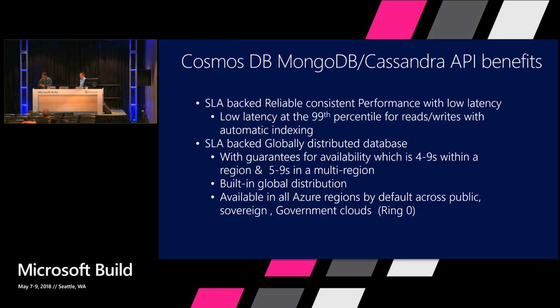Apart from these two, we also provide guarantees for the throughput. What does that mean? When you come to Cosmos DB, you request how many operations per second you want. If you take this experience and move to IaaS-based systems, you would see immediately that you need to do a lot of planning.